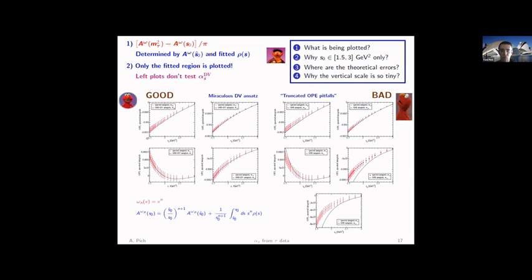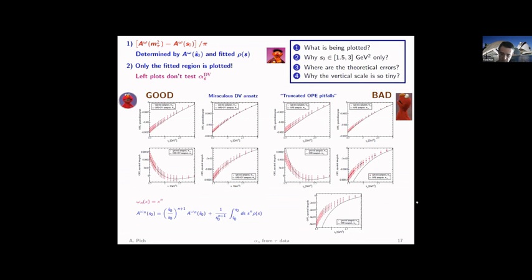So you have fitted things at 1.5, and you have fitted the spectral function. Once you have done that, then at every value of S0, the result of these integrals is fixed by your fit. So you are not testing anything related to alpha s. Okay? Therefore, the only thing that you are testing is that your fit is not bad, it's good. Therefore, the left plots don't provide any useful information concerning alpha s.